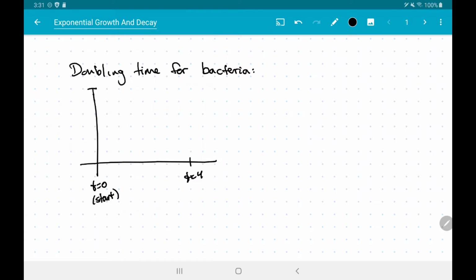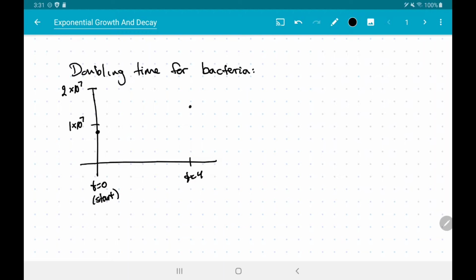So how about this? Let me make this 2 times 10 to the 7th. So then halfway here is 1 times 10 to the 7th. 8.2 times 10 to the 6th is going to be right about here. 4 hours later, there's 1.4 times 10 to the 7th.